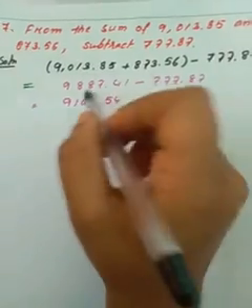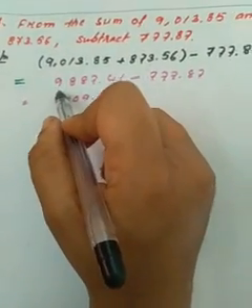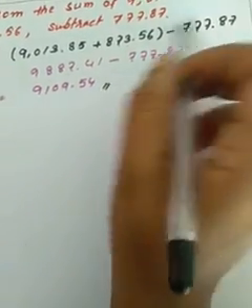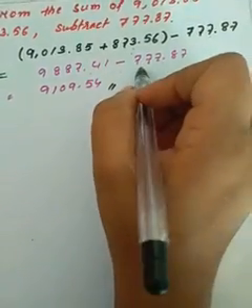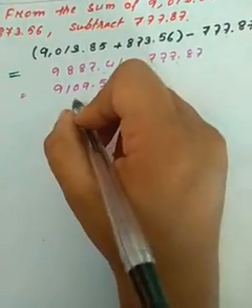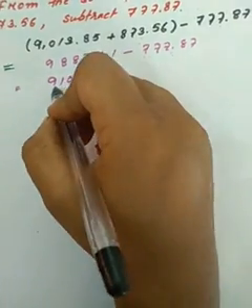So at first we will add it, then we'll subtract it from the sum. So after adding, I have got here 9887.41 minus, now we'll do that subtraction, 777.87. Then after subtraction we have got here 9109.54.